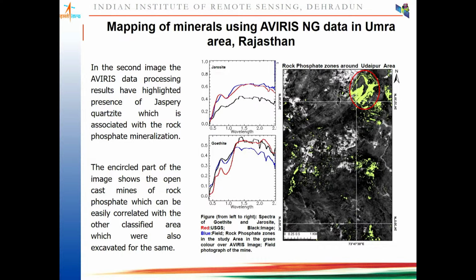So from known spectra, which we can generate either from the spectroradiometer or from the image, we can run the classification, or identify similar material in the overall area.